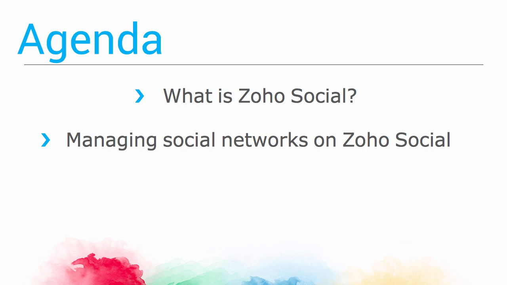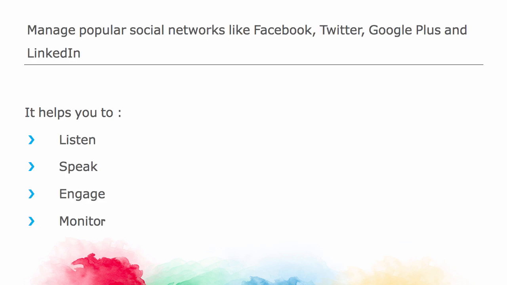In today's agenda, I'll be talking about what Zoho Social is and how to manage your social networks using Zoho Social. It's more like a quick walkthrough of the fundamentals. First up, what is Zoho Social? It's a social media marketing product that helps you publish content and reach the right audience at the right time.